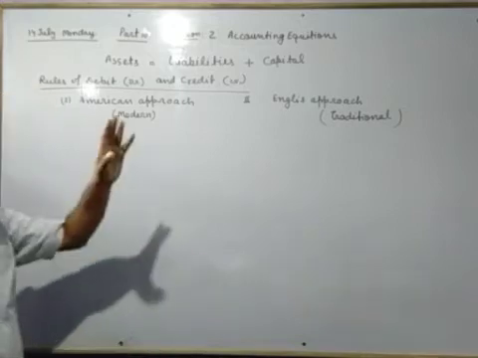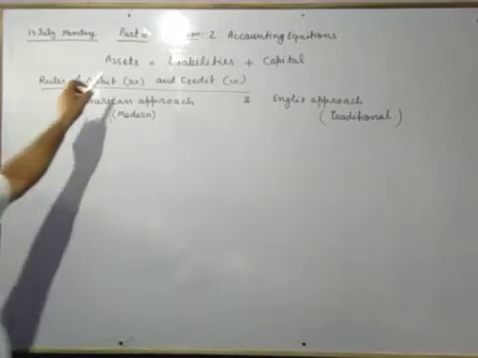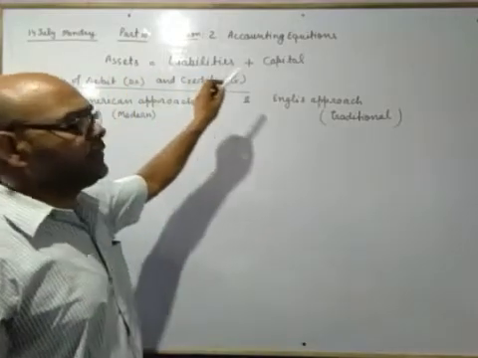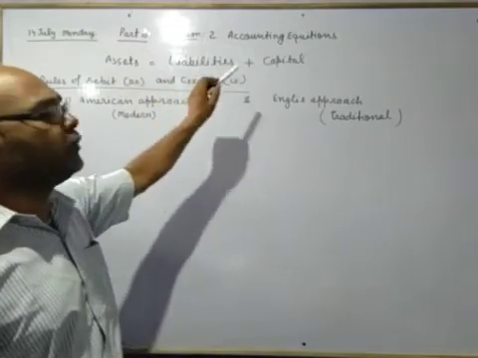So, what is the accounting equation? Assets equal liabilities plus capital. This equation is called the accounting equation.